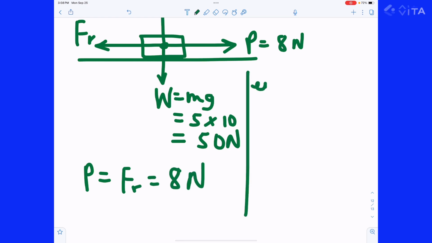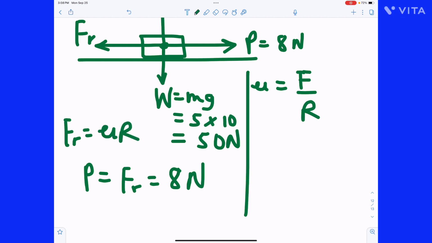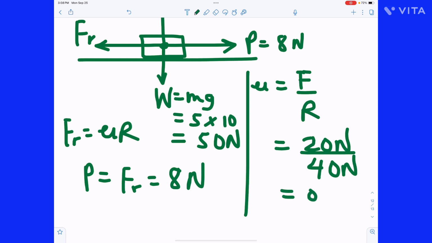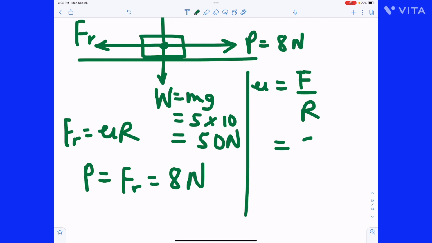We'll now use mu equals frictional force over R. We know that frictional force is mu R, so mu will be F over R. That gives us, sorry, excuse me, it should be 8 Newton over 50 Newton.